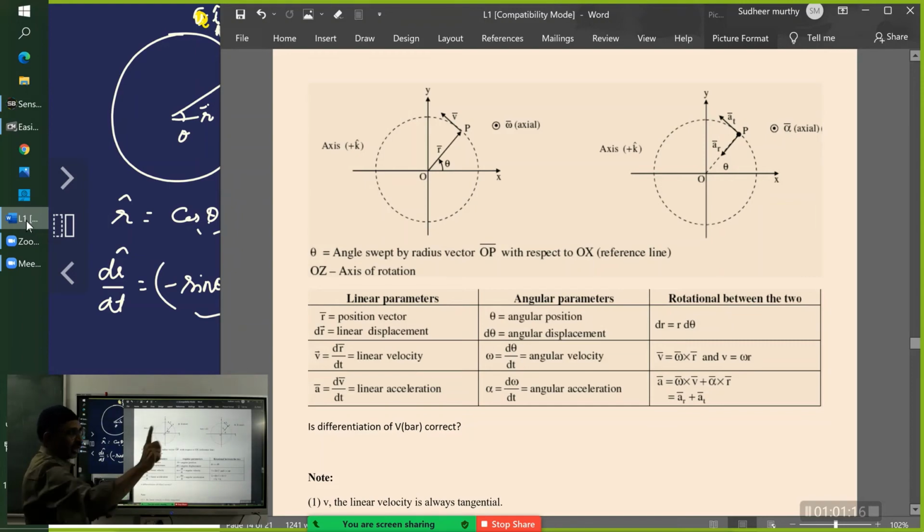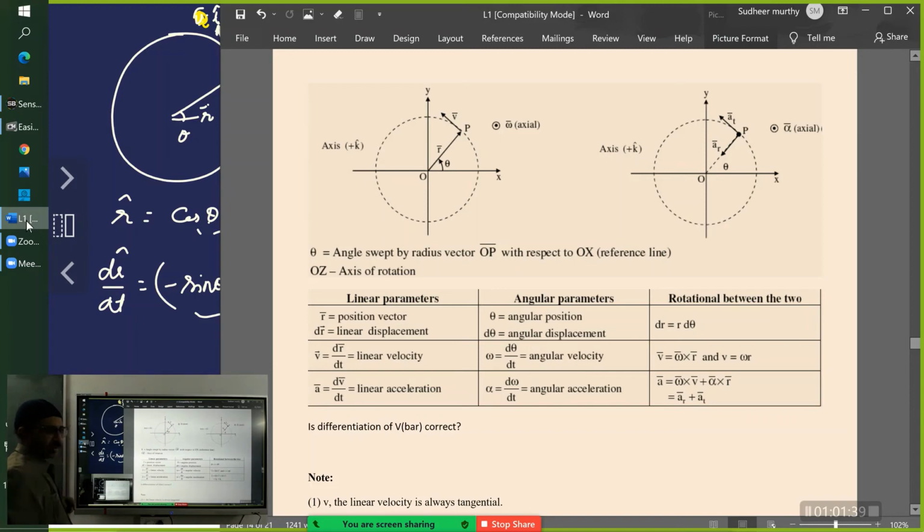Now you look at this. Omega bar is this, right? V bar is this. Now V bar is like this, R bar is like this. V bar cross R bar, if you do, you will get what? Minus omega bar.